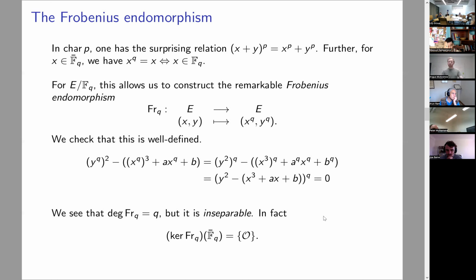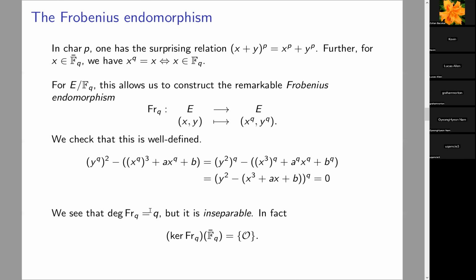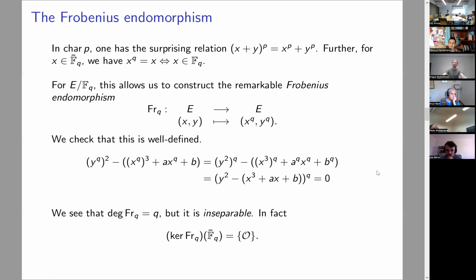What that means is, if you tried to look at the kernel of this map, and you asked how many points there are in F_q-bar such that when I raise them to the power of q, I just get the origin point, the answer is, well, you have to start with the origin itself. Nothing else will work. So we don't get that the kernel is of size q, as we might have hoped if it were a separable morphism. But nonetheless, we can calculate its degree. That's a useful thing.